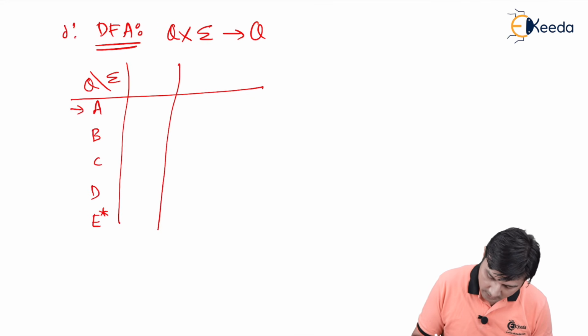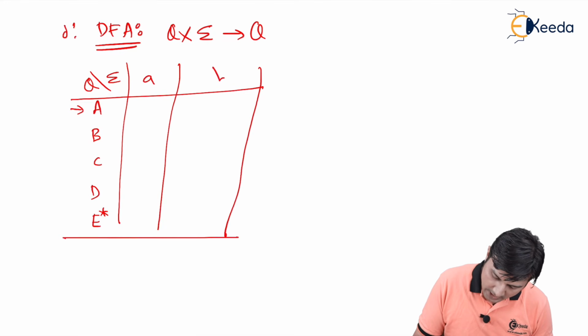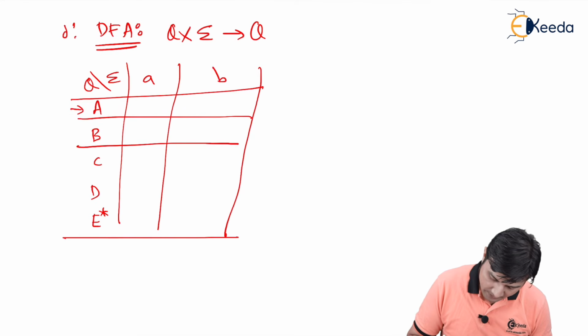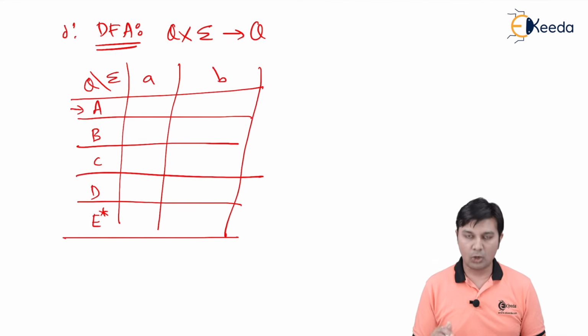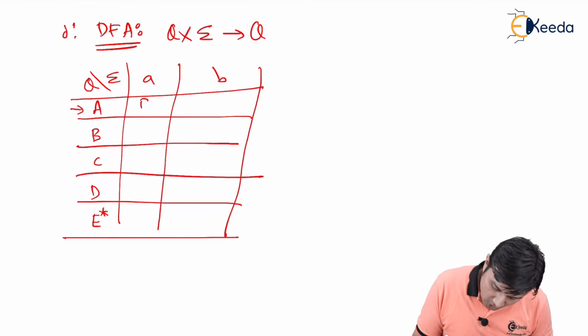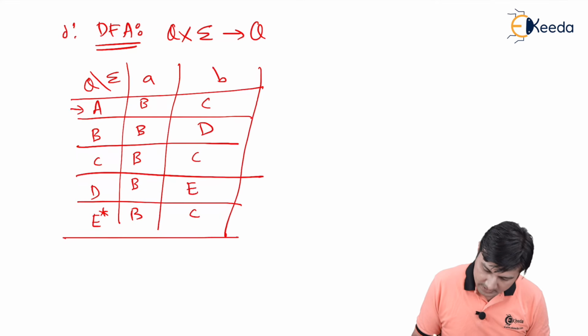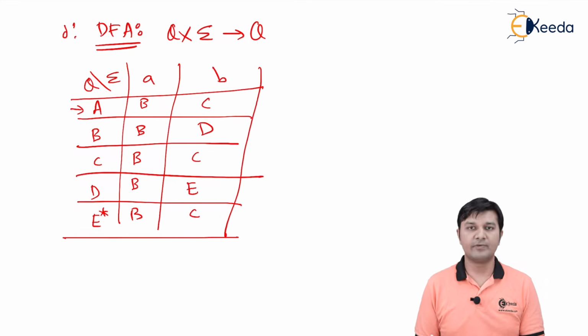Then I have my transitions small a and small b, and here I draw my table. All of this column had B, B, B, B and B, whereas this had C, D, C, E and C. Fine.